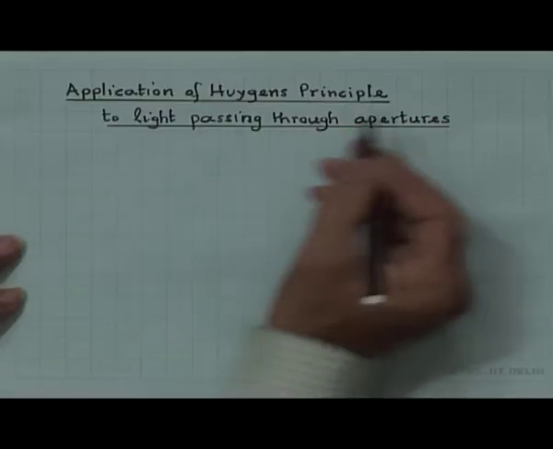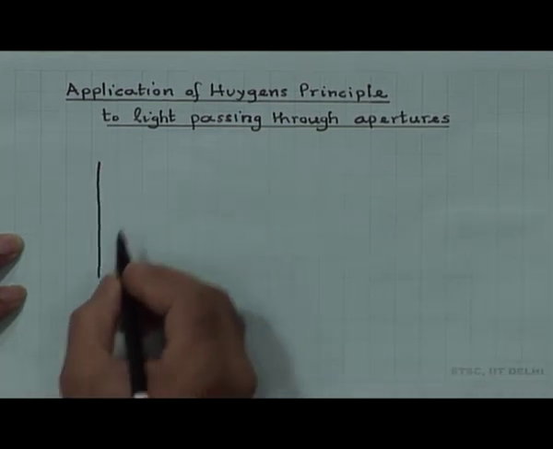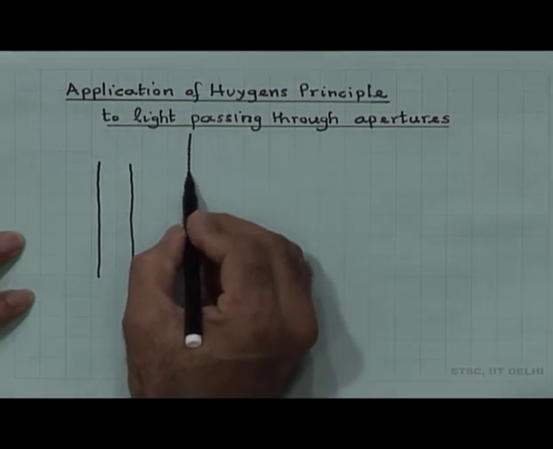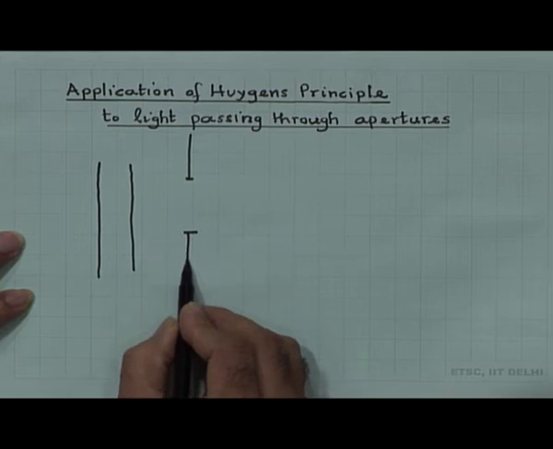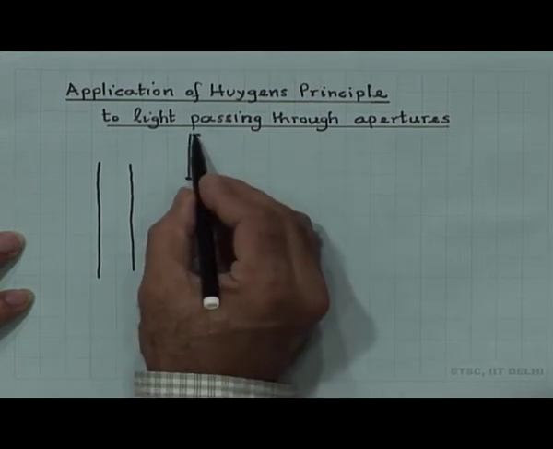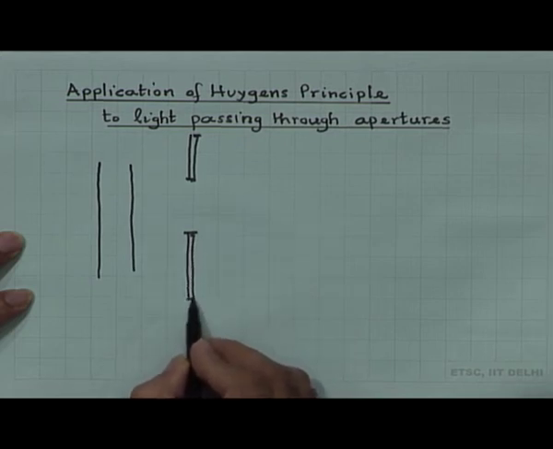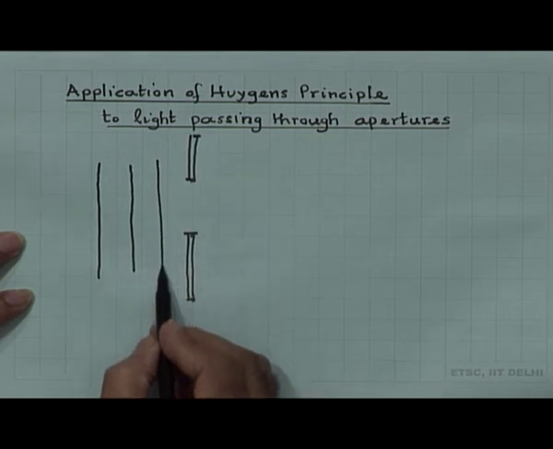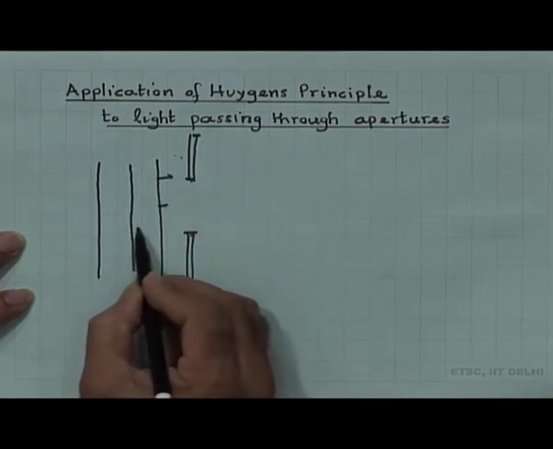Consider plane waves incident on an aperture. Aperture means a stop with a certain opening. So, here is a stop, for example, a screen or an opaque plate with an opening here. Plane waves are incident on this aperture.